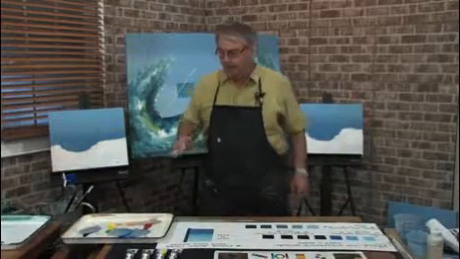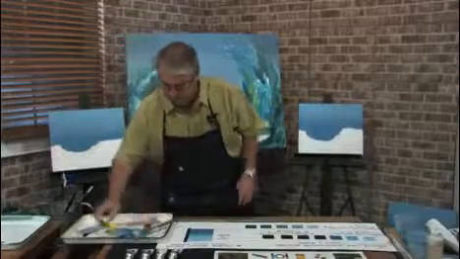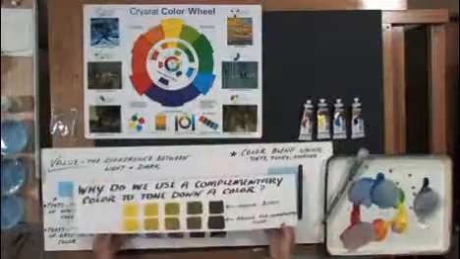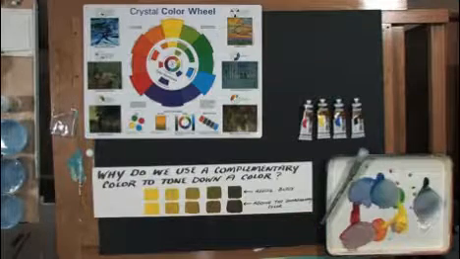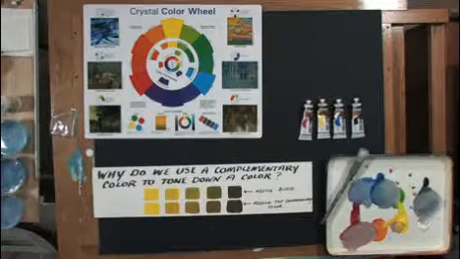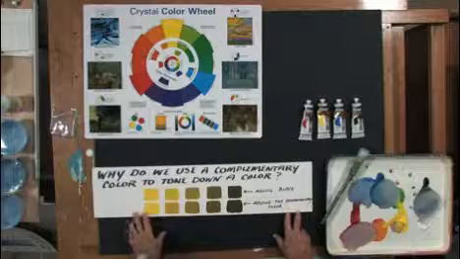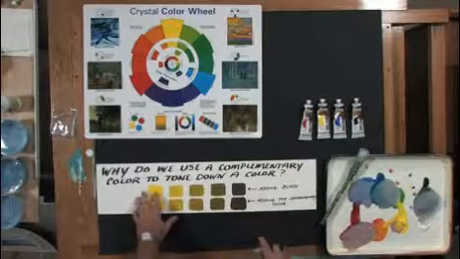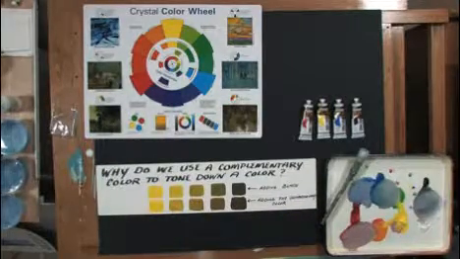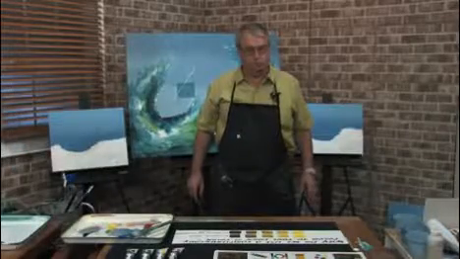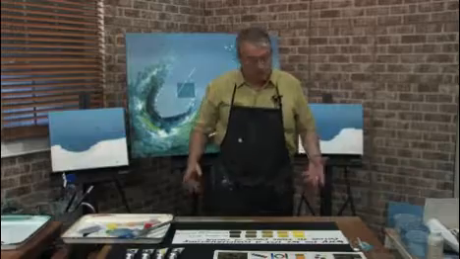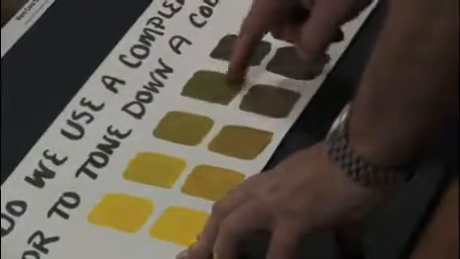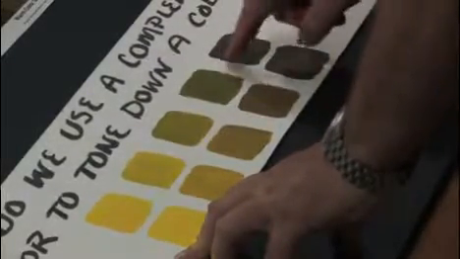For example, I have a little chart here where I have shown you the difference with what happens when you add black to a color. Now, if you add black to yellow, you end up with what I call baby doo-doo grunt green. It's rather bizarre. Now, in some cases, this might work beautifully for you, but rarely does it. It really kills the color.